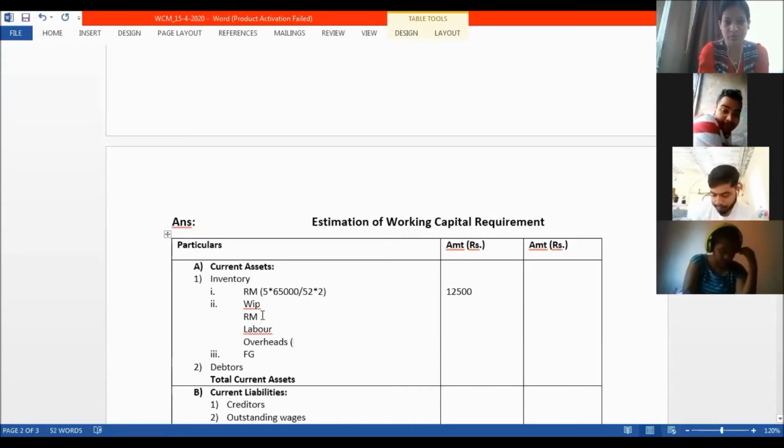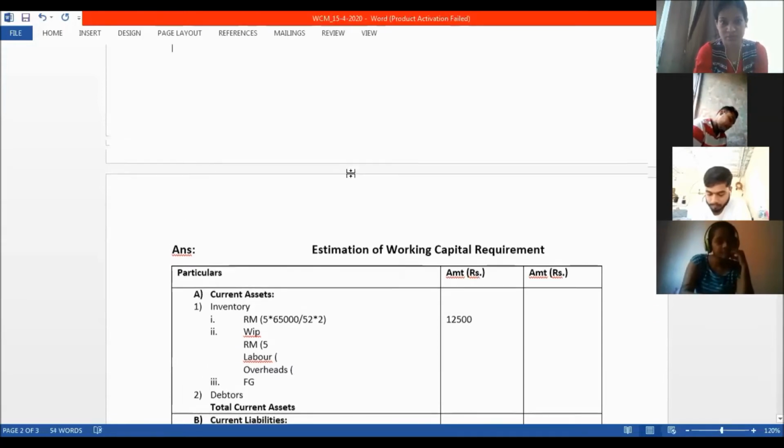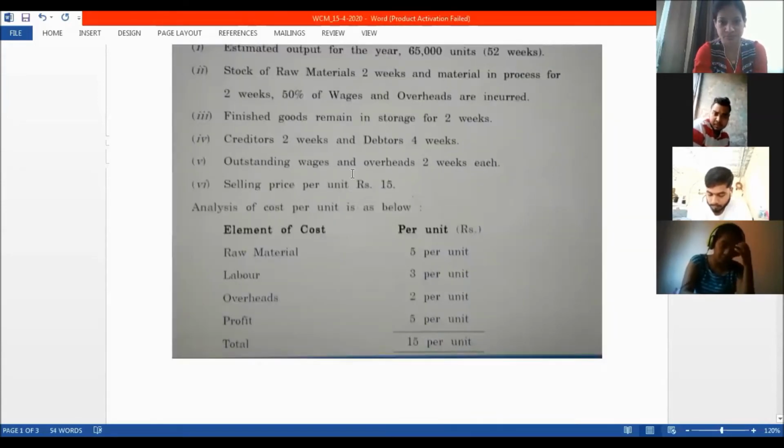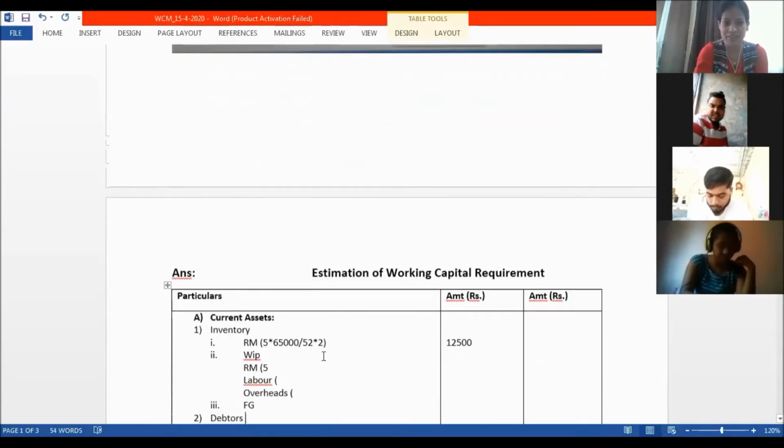So raw material you'll be taking at 5 rupees per unit, but labor cost and the other one you will be taking only 50%. If you see, labor cost is 3 per unit and overheads 2 per unit. So either you can calculate the entire cost and then make it half, or you can take 1.5, half of the labor cost and half of the overheads.